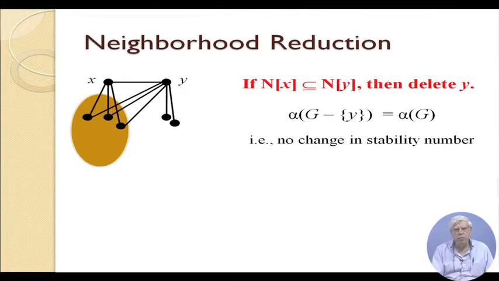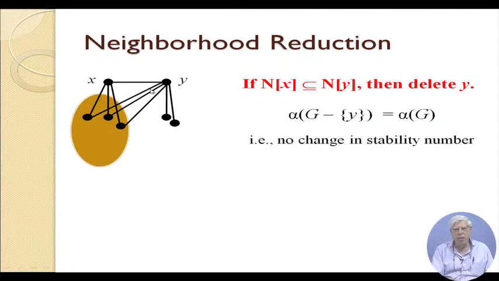Another idea that is very trivial that any of you could understand and see for yourself is that if you have a situation like this in any graph where the neighborhood of x is contained in the closed neighborhood of y, then if you were to delete y, the independence number, the size of the largest independent set, would remain unchanged. No change in the stability number. Why is that?